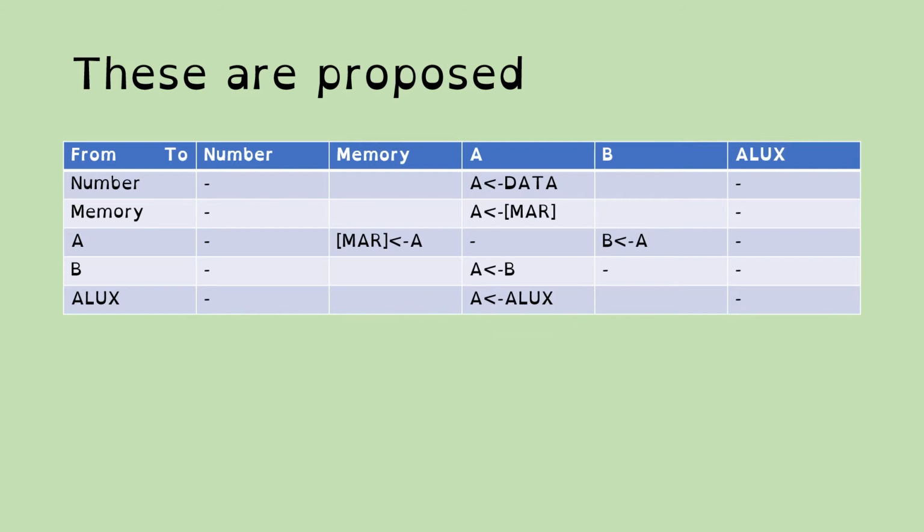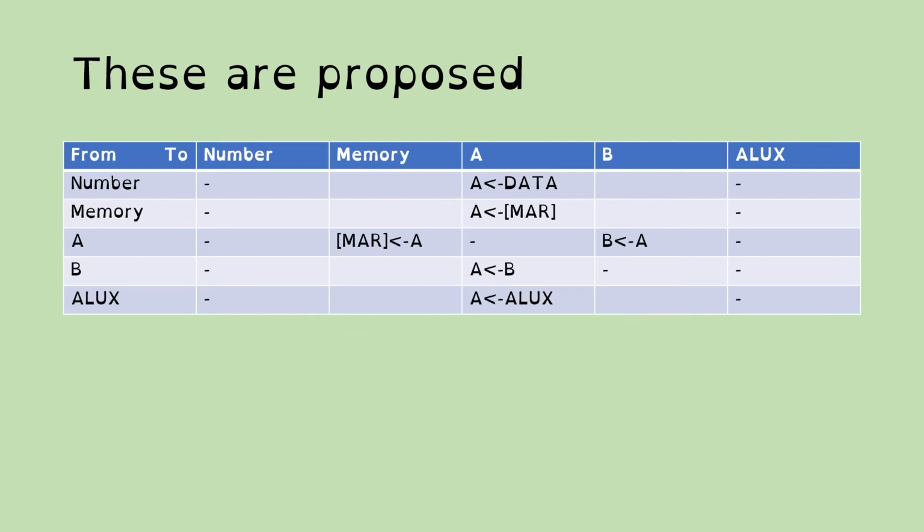Now, I'm going to talk quickly about the notation that I'm using here. It's been formalized, and it's called Register Transfer Language, or RTL for short. All it is is a shorthand showing movement of data from one register to another.